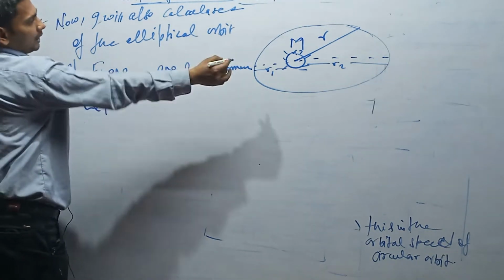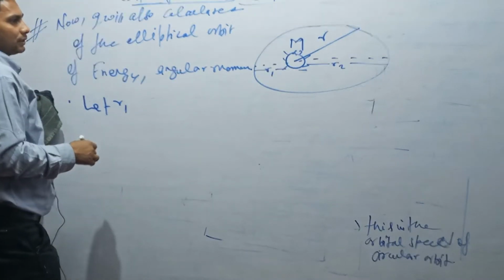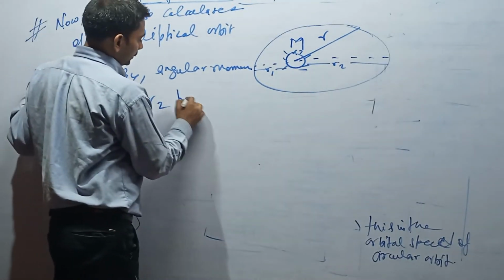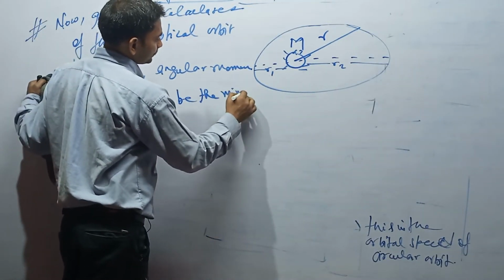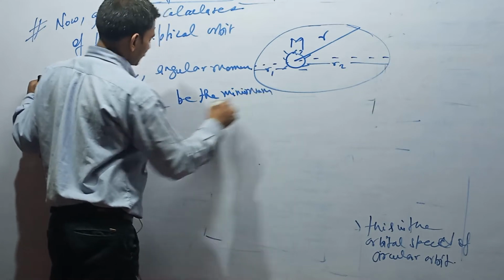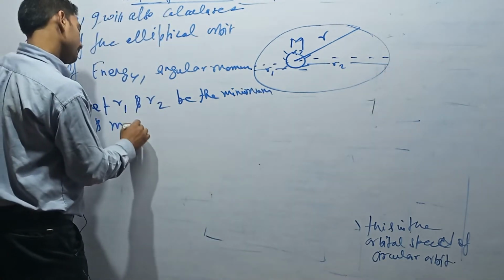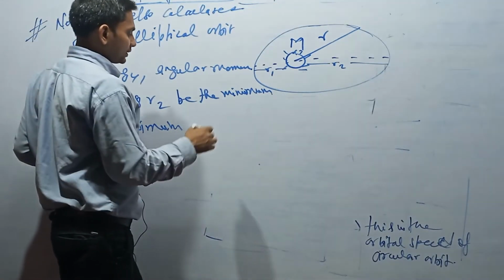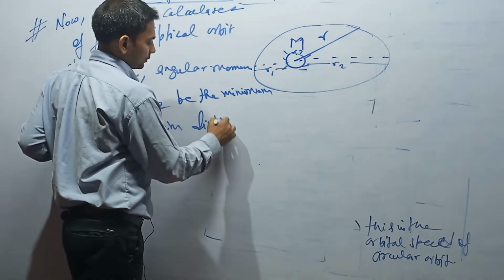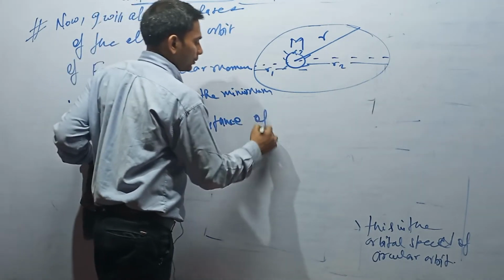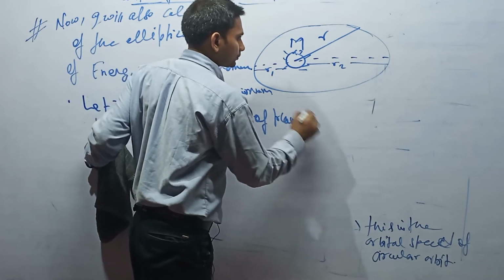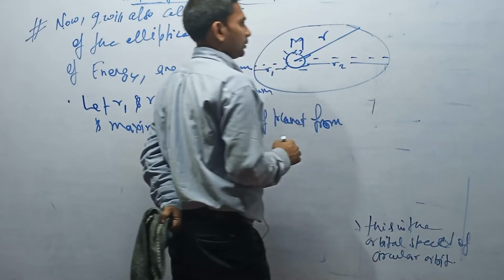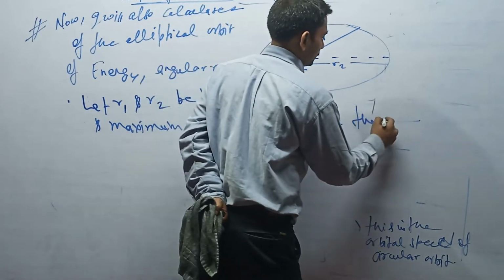Let r1 and r2 be the minimum and maximum distance of the planet from the sun.